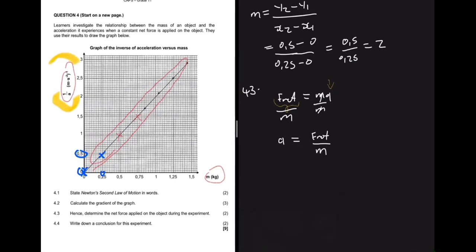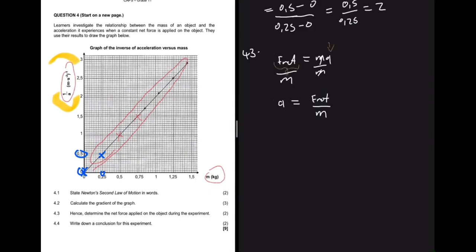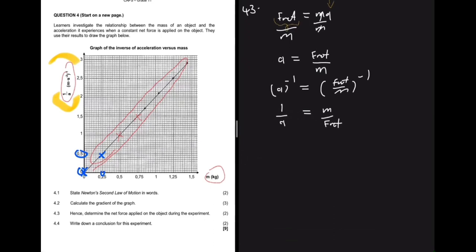And here we have a. So to do that, we can take every side to the power of -1, right? So if we say a to the -1 equals to (f net divided by m) to the -1, we're gonna get 1 divided by a equals to m divided by f net, right?